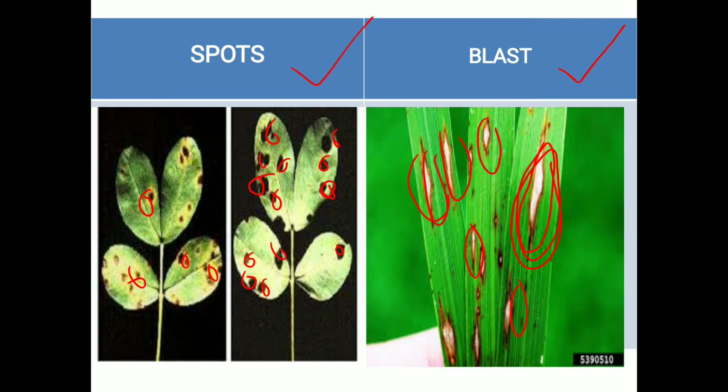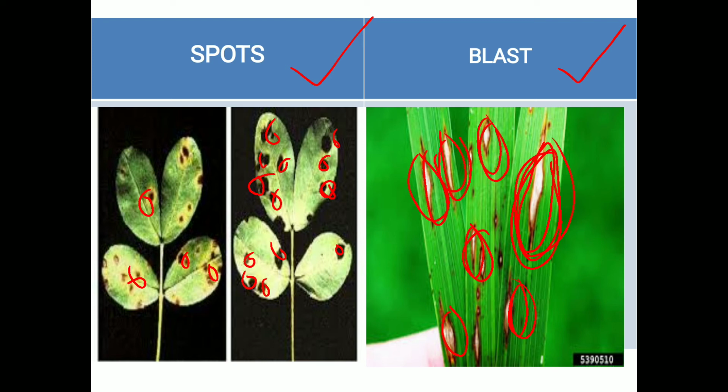Blast means what? Circular or spindle shaped spots, mostly spindle shaped, are observed on the leaves. Such spindle shaped spots indicate the presence of the fungus Pyricularia oryzae, because blast disease is mostly caused by the attack of Pyricularia oryzae.